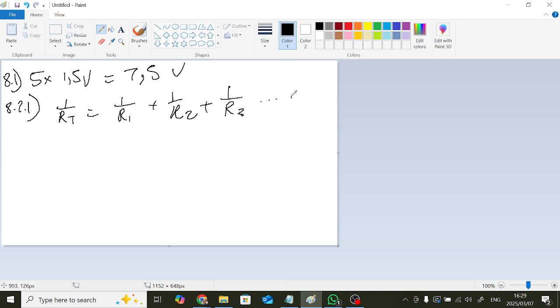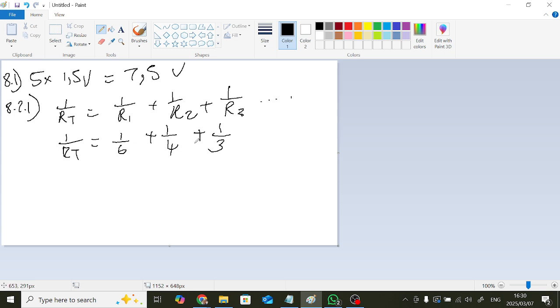And so on. So this is going to be equal to 1 over 6 plus 1 over 4 plus 1 over 3, right? And to be able to find this, we have to make the denominators the same, and we can do that by finding the lowest common multiple.